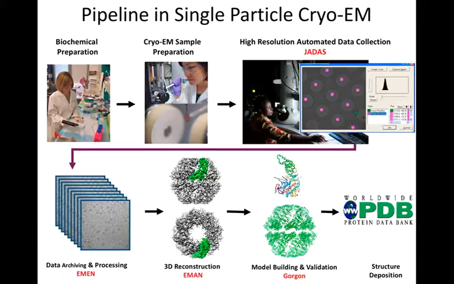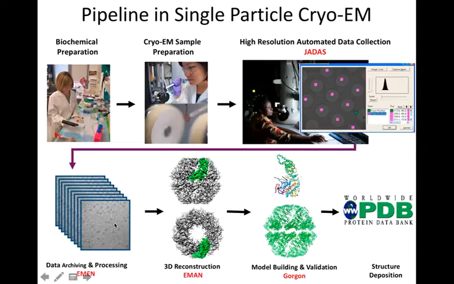From here, with this stack of images, the image processing begins to combine each of these particle images to generate its three-dimensional density map. Now, these steps of data processing could be pretty tedious, or could be pretty straightforward, depending on the particular types of samples.